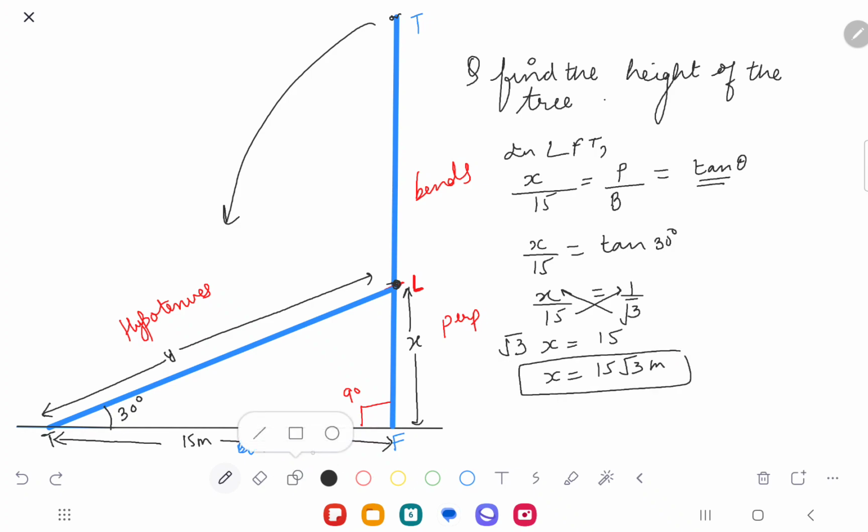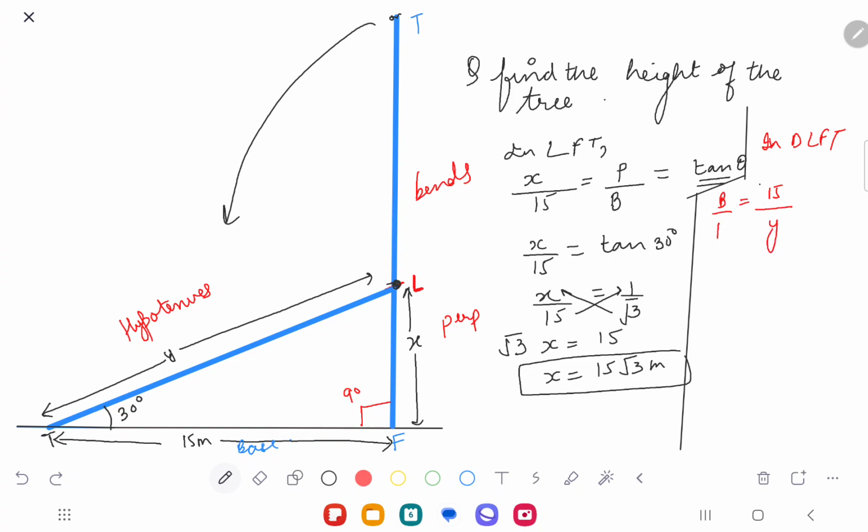Now on similar lines, let's talk about the other triangle again. In triangle LFT, I have to find out y. So I will say 15 over y, because 15 is going to be my base and y is going to be my hypotenuse. What is base upon hypotenuse called?